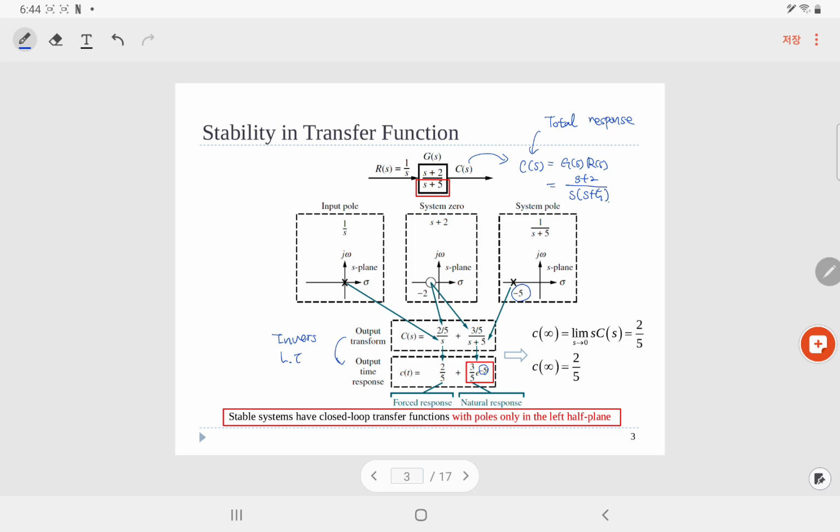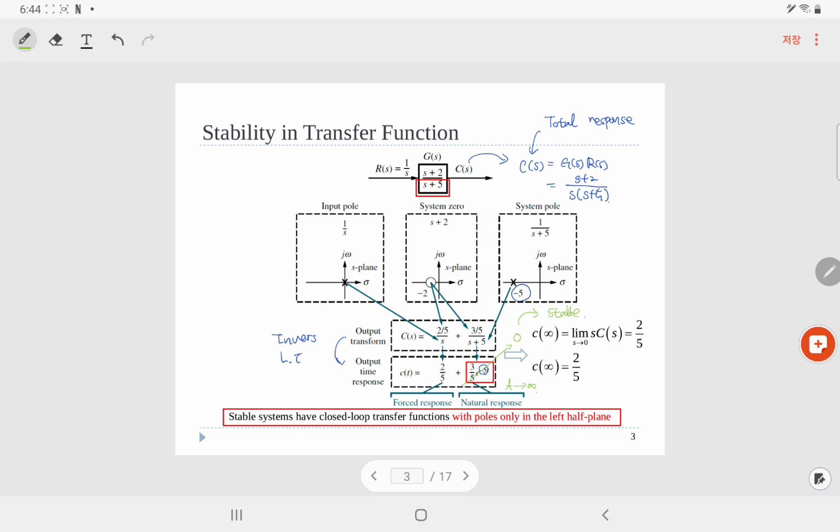From this natural response, as time t approaches infinity, the natural response converges to 0. This means that the system is stable.